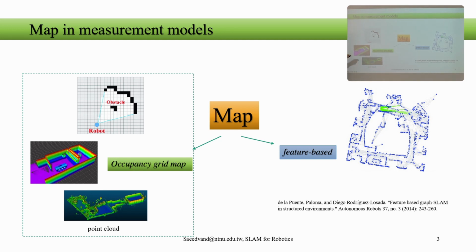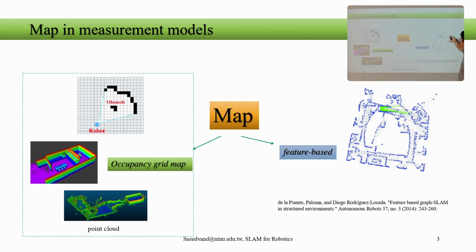But today, our focus is on occupancy grid mapping: how we make a grid of the environment and work on it. So far we know three different types of environment mapping for SLAM. Is it clear? Any question here?